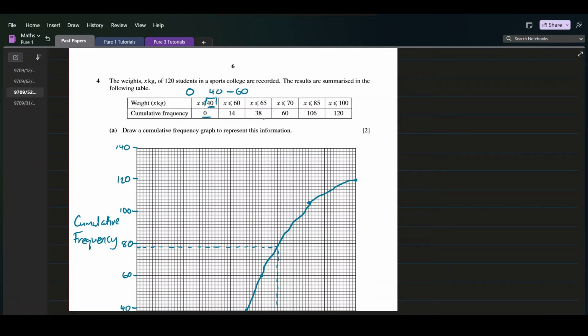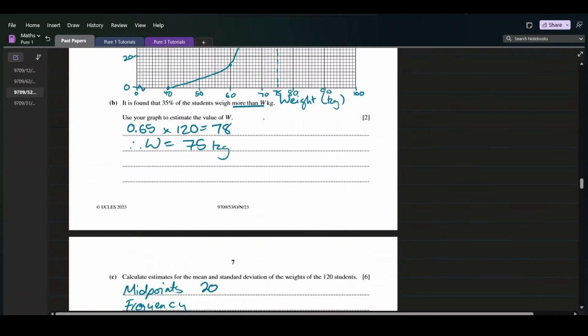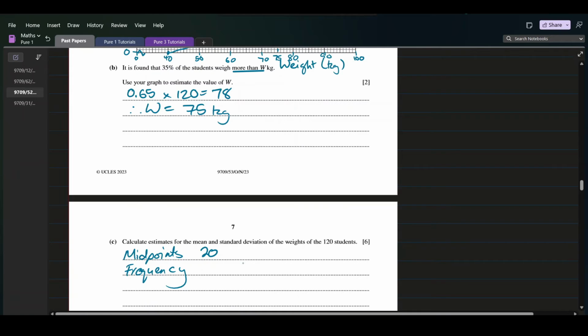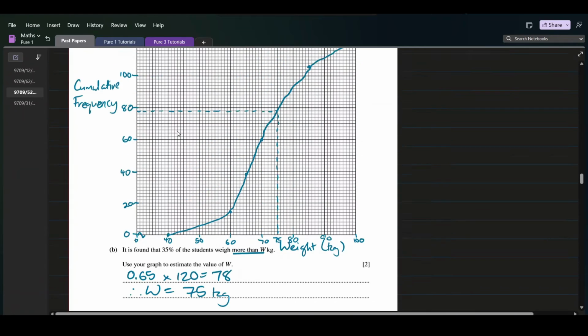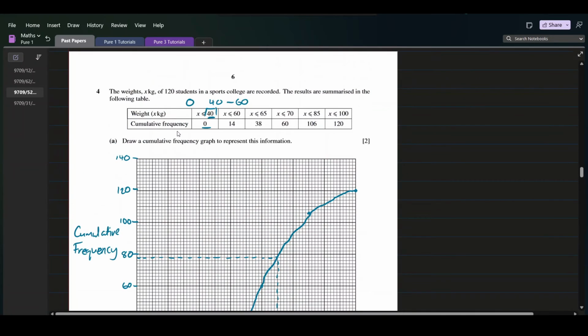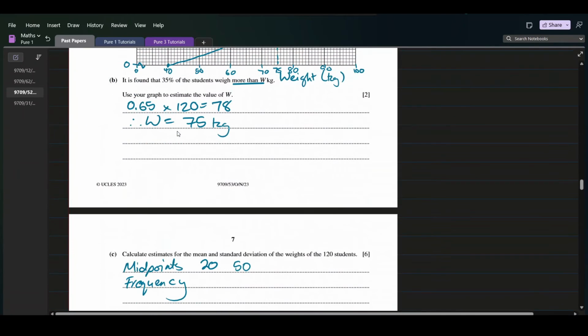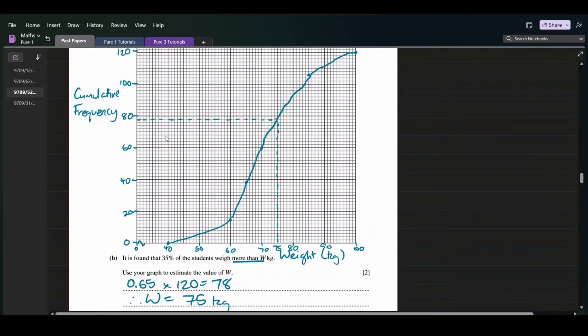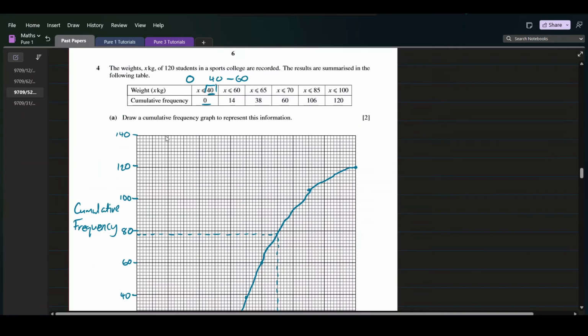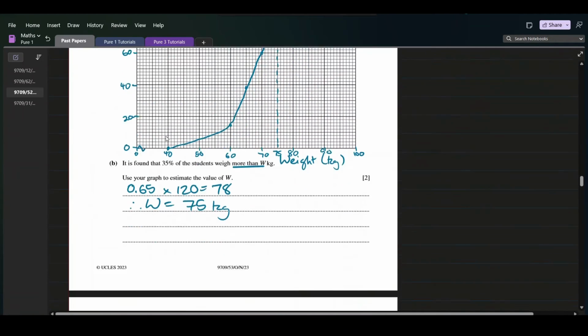So midpoint of 40 and 60, that's 50. And then let's move to the next one, which is 60 and 65. That's 62.5. And the next one, that's 65 and 70, which is 67.5.